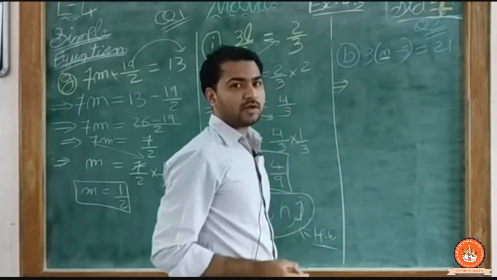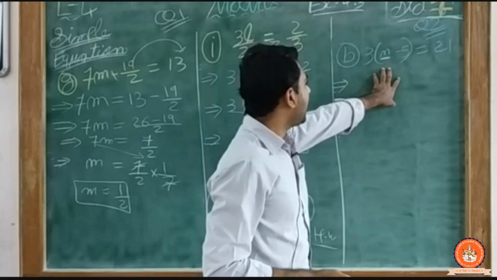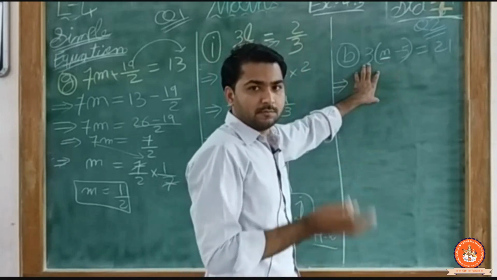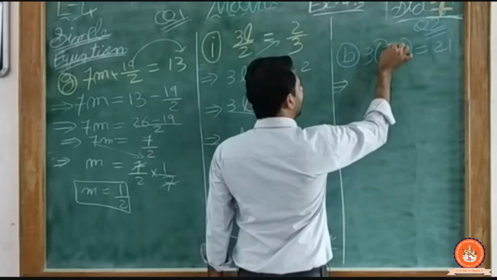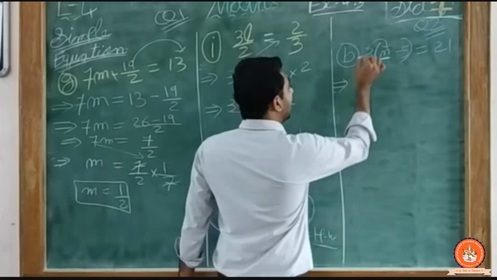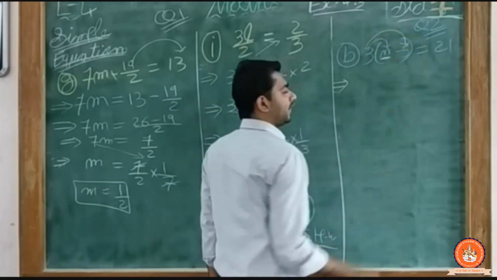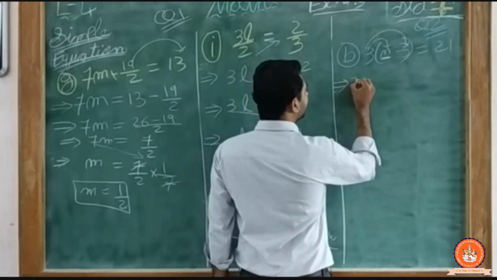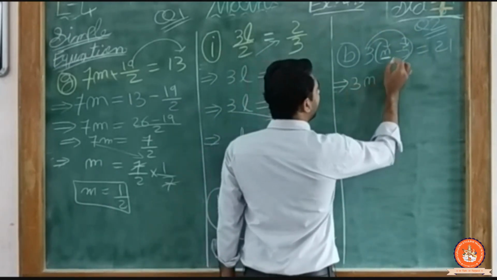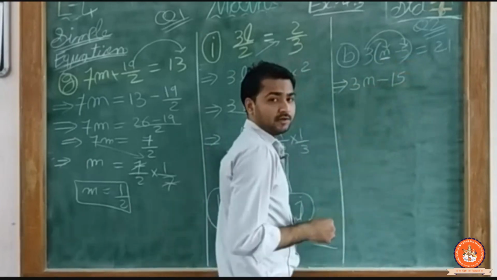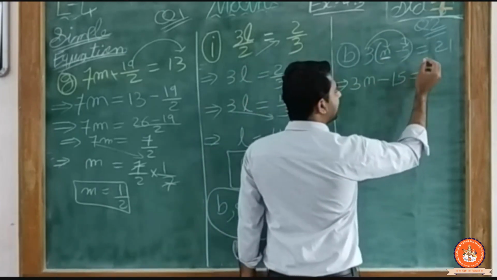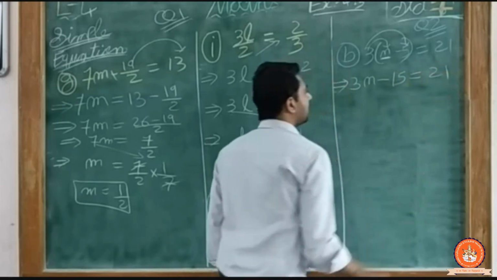First of all, if I have a bracket and there is a digit behind the bracket, I will multiply this digit first with n, and then I will multiply with 5. So it becomes 3n minus as it is, and 3 5s are 15. Clear? Now equal to sign as it is, 21 as it is.